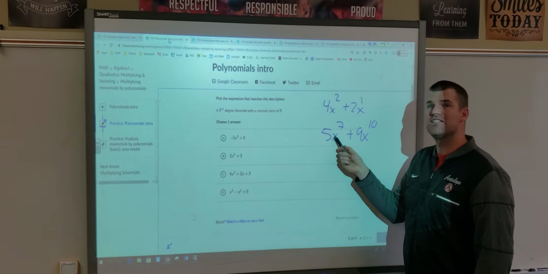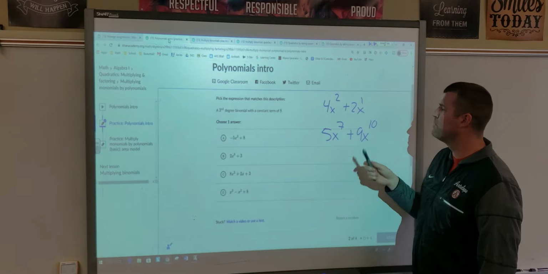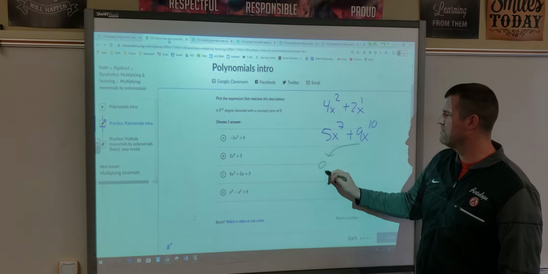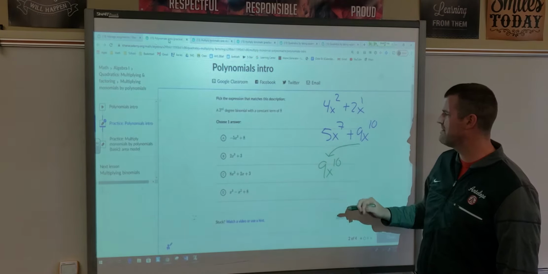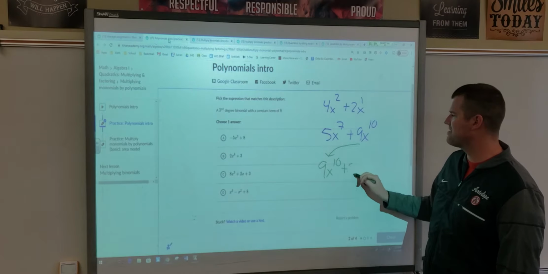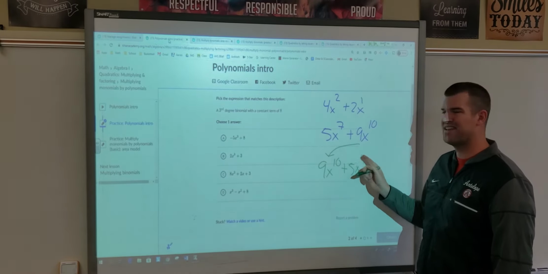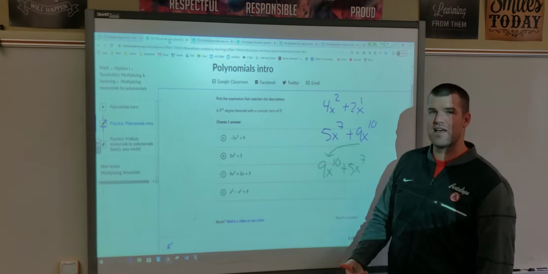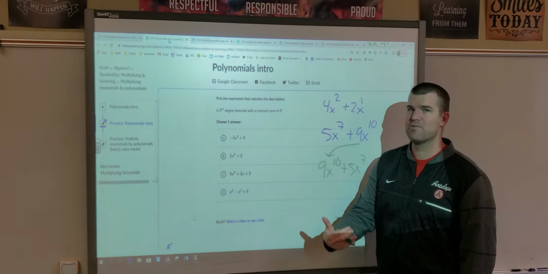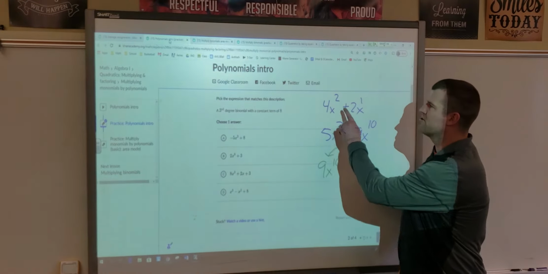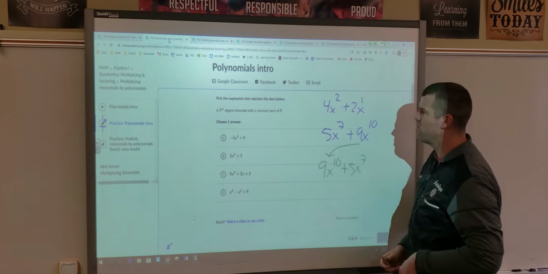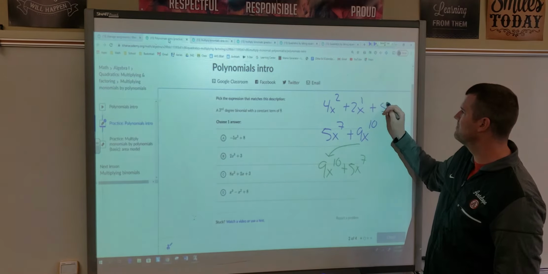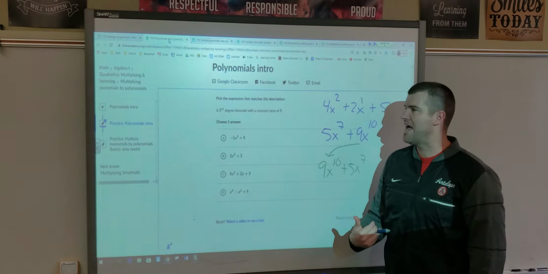But this one would not be in standard form because we'd want to move the largest exponent to the front, so 9x to the 10th, and then put the 5x to the 7th after it because it has a smaller exponent. This particular problem didn't ask about that, but you will come to some problems that ask about standard form. So again, your largest exponent first, then your smaller, and if you have a constant, just a number by itself like 5, that always goes last.